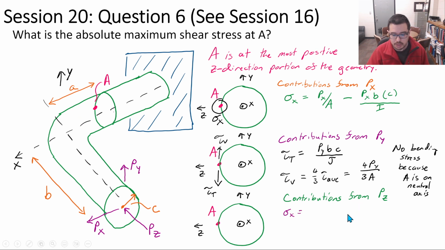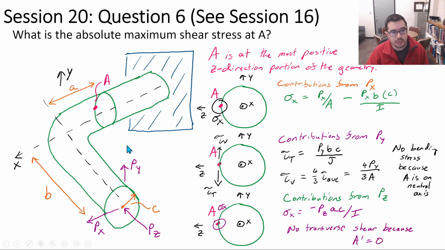Here we have contributions from Pz, which, like I said, is going to be contributing a torque to the system, and we can give it as such. But there's no transverse shear because A is on the outside.